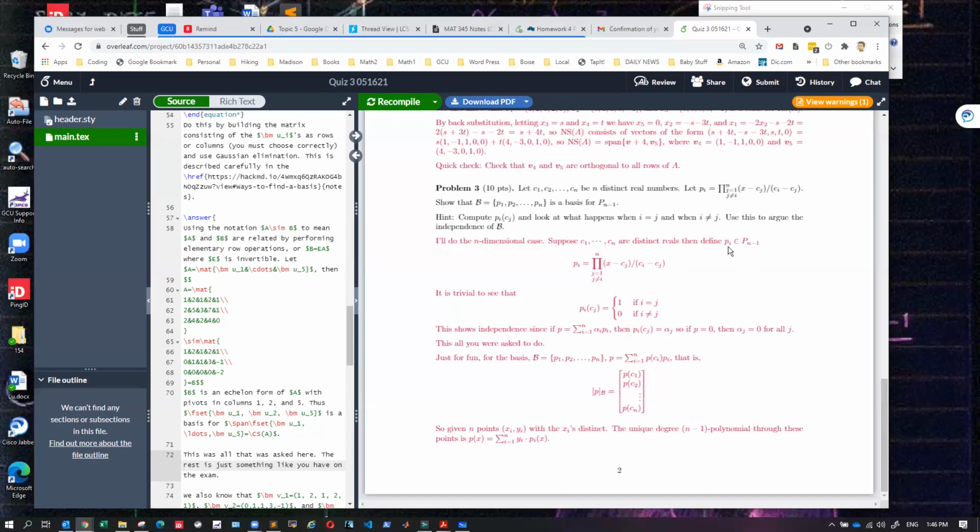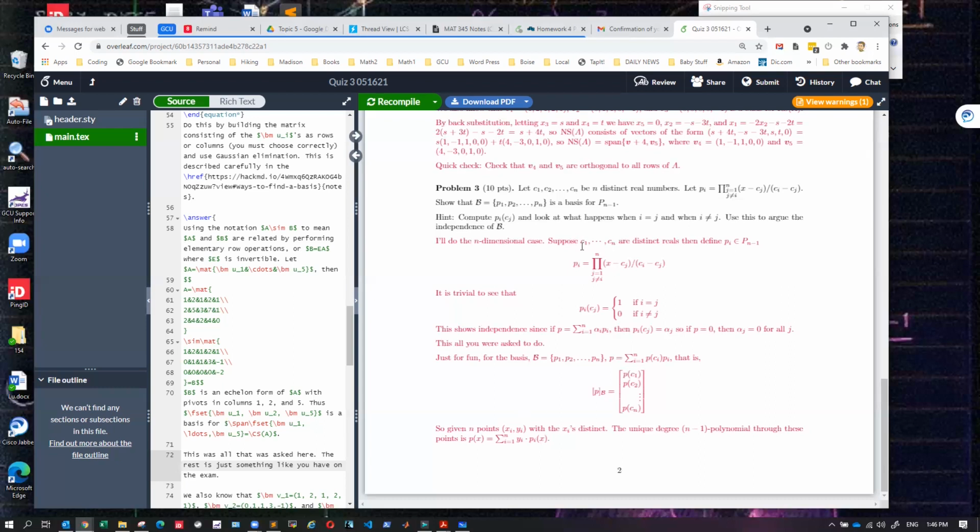Let me try this again. If you give me n many points in the plane, but where the x coordinates are distinct, so think of those as being the ci's, then there is a unique n minus 1 degree polynomial going exactly through those n points, and this tells you exactly how to create that polynomial.